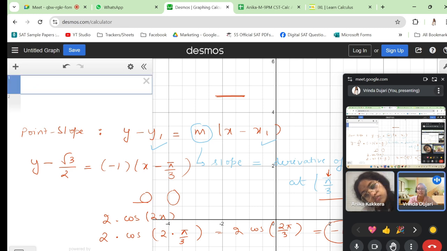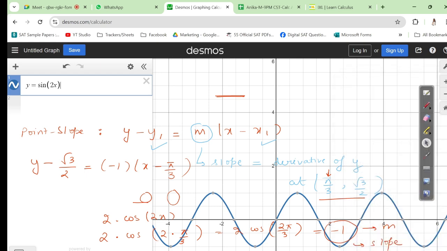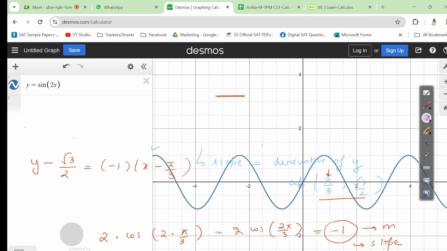So you had a curve y is equal to sine of 2x. Okay, this is the curve. Let me erase this.